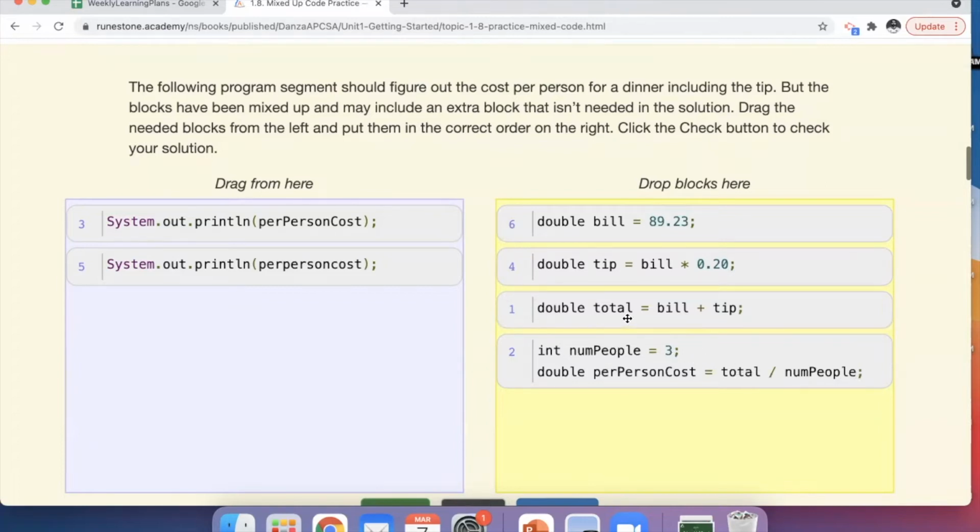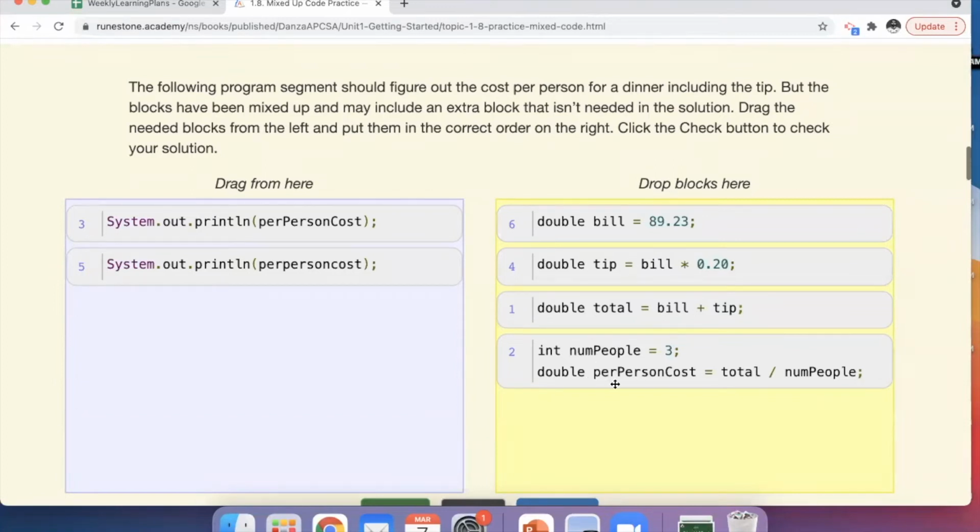I need to first know the total, and the total is declared right here. I need to know the bill before I figure out the tip, right? They give you the bill. Originally, when you tell the waiter, all right, I want the bill, they give the price. Then you figure out the tip based off of the bill. Then once that's been calculated, you add the bill and the tip together to get the total.